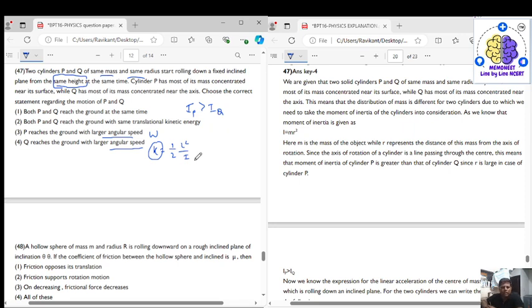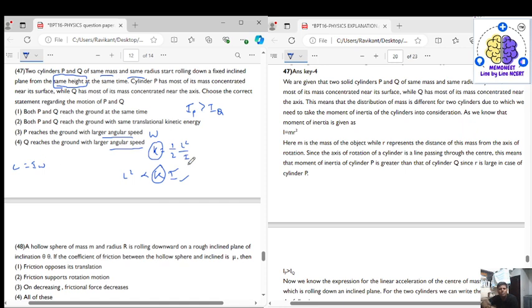Now, if this is the case, then we can say that L square is proportional to K into I. L square is equal to K into I, where K is constant for both the bodies. So L is directly proportional to I, or you can say that L is equal to I omega, right?